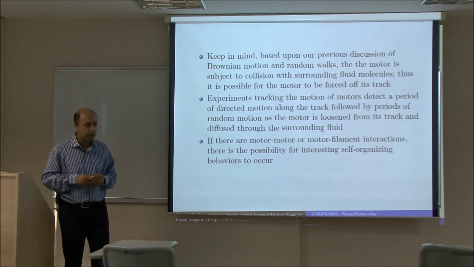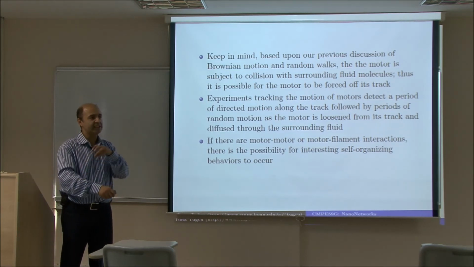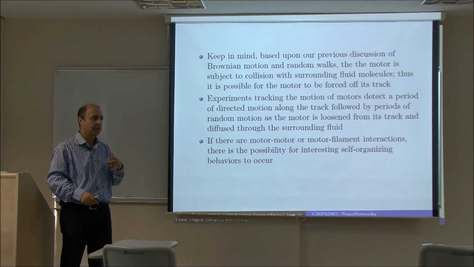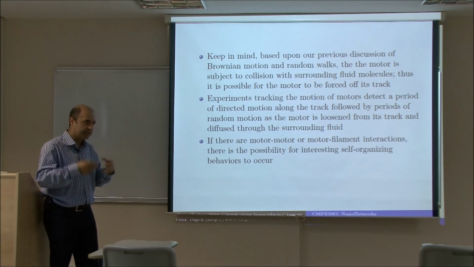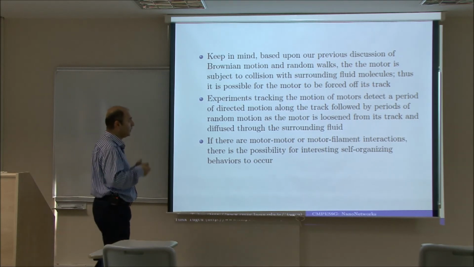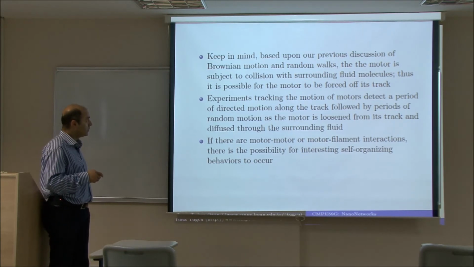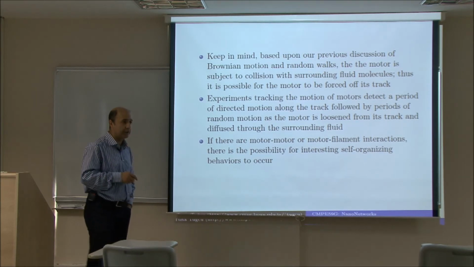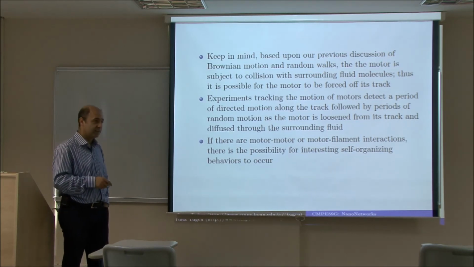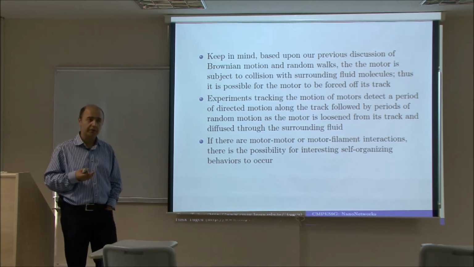But also, these molecular motors could be detached from the rails, for example. In that case, they will be floating inside the cytoplasm with the Brownian motion. So the motor will be subject to collision with the surrounding fluid molecules. Since we're talking about intracellular environment, we're talking about the molecules in the cytoplasm.